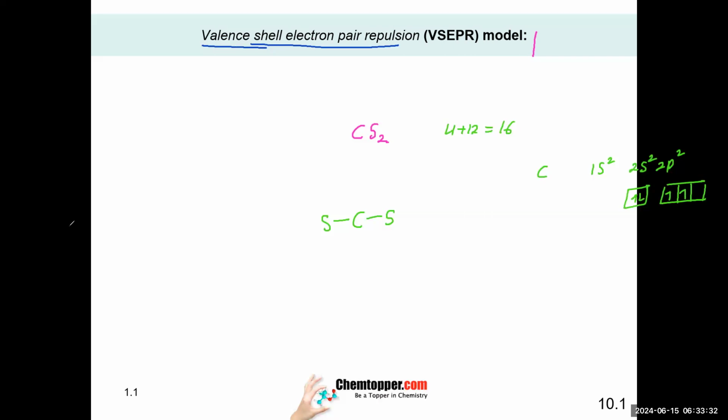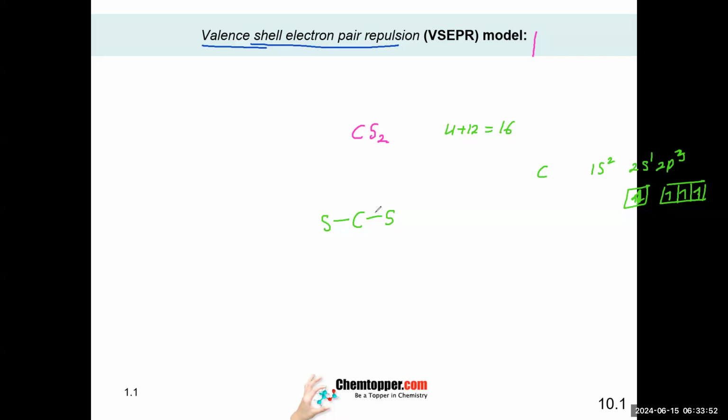This is ground state, Amadita. You were not there, so I'm showing you here. Okay, this is ground state. One electron jumps from 2s to 2p so that you have 4 unpaired to complete the octet.